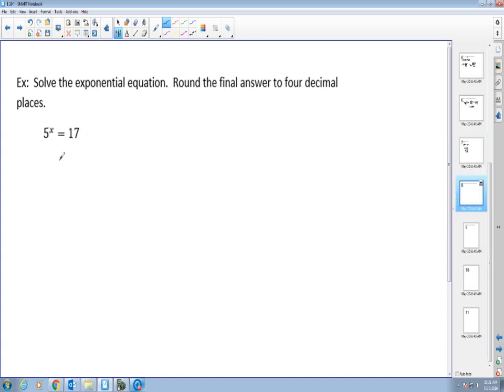Alright, now what happens if the bases cannot be the same while we're solving an exponential equation? What we can do here is take a logarithm on both sides. Here is the reason why I take a log on both sides.